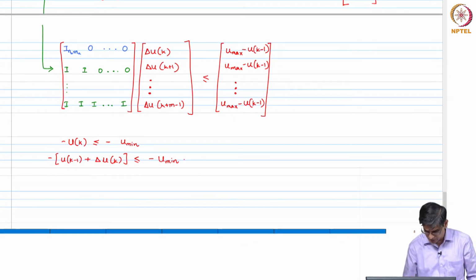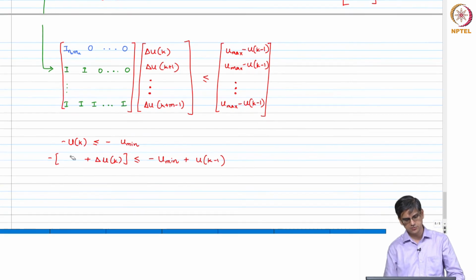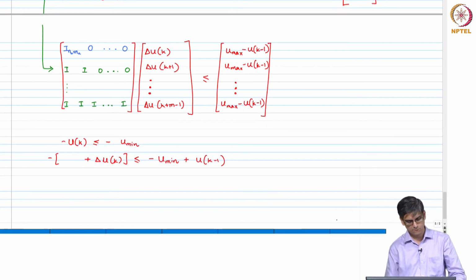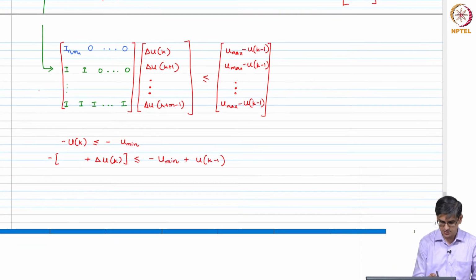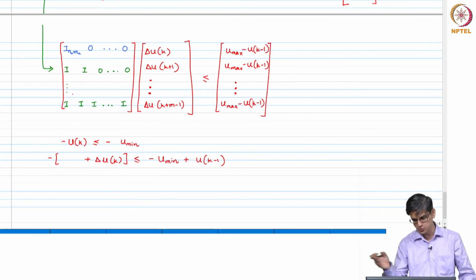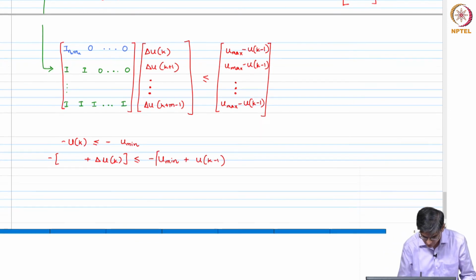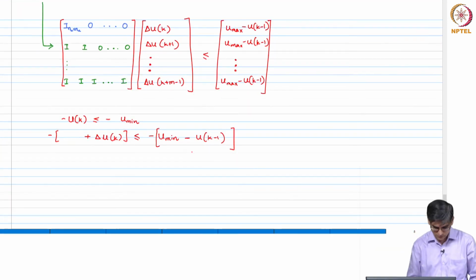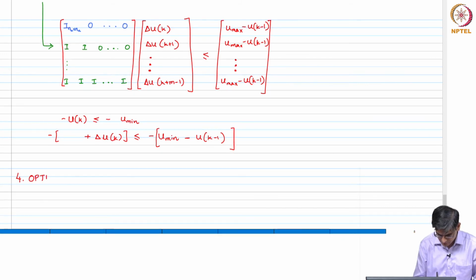So, minus u min plus uk minus 1 is less than delta uk. So, what you are going to have is just negative of this less than or equal to negative of delta u min minus uk minus 1. So, this can be written as delta u min minus uk minus 1.